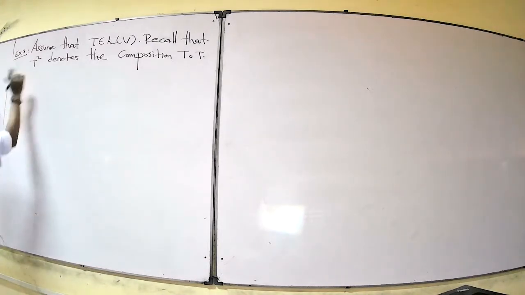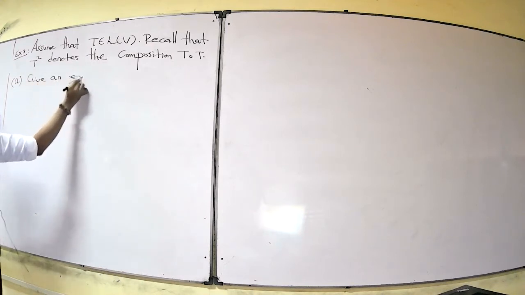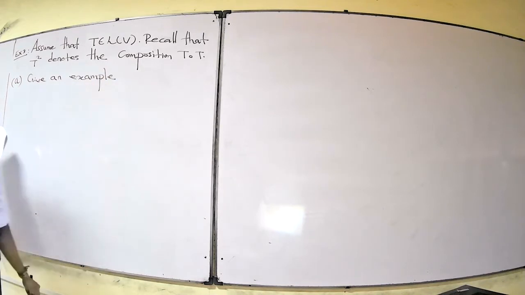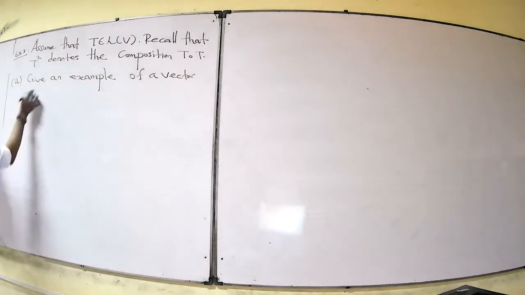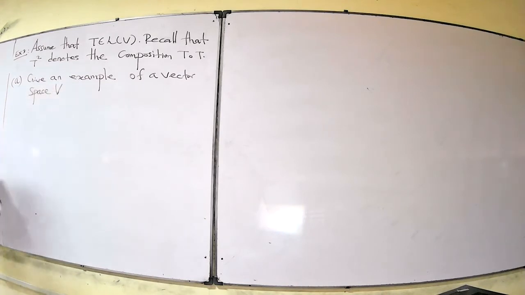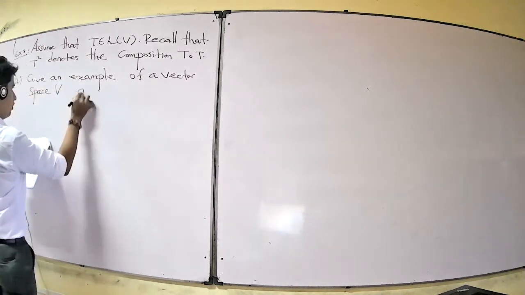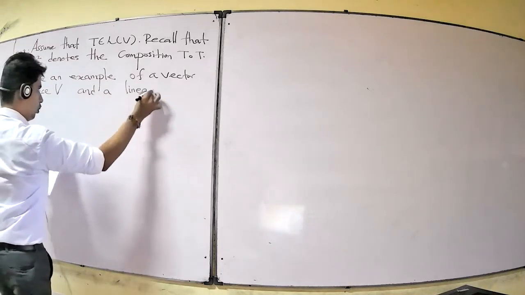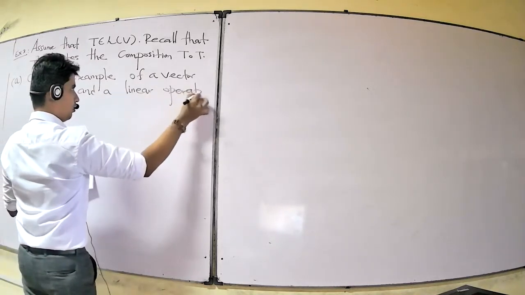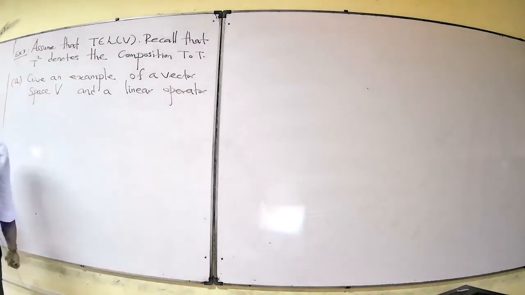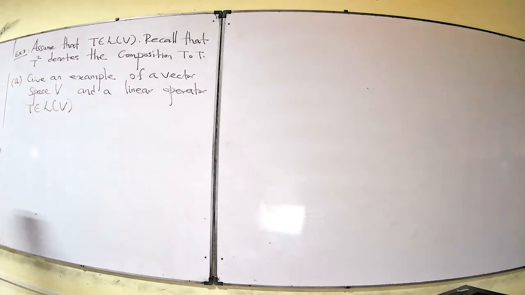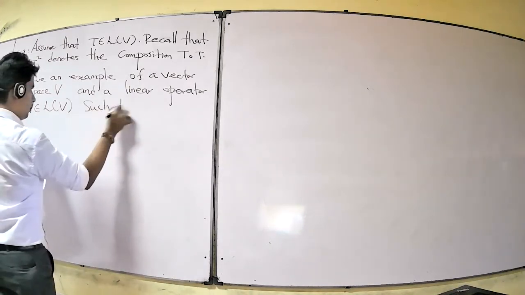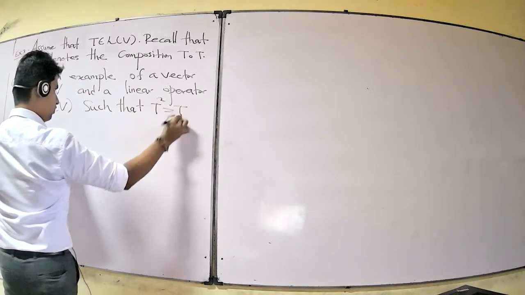There are some questions based on this part. For part A, give an example of a vector space V and a linear operator T, T belonging to the linear operators, T is a linear operator V to V such that T squared equals T, right?